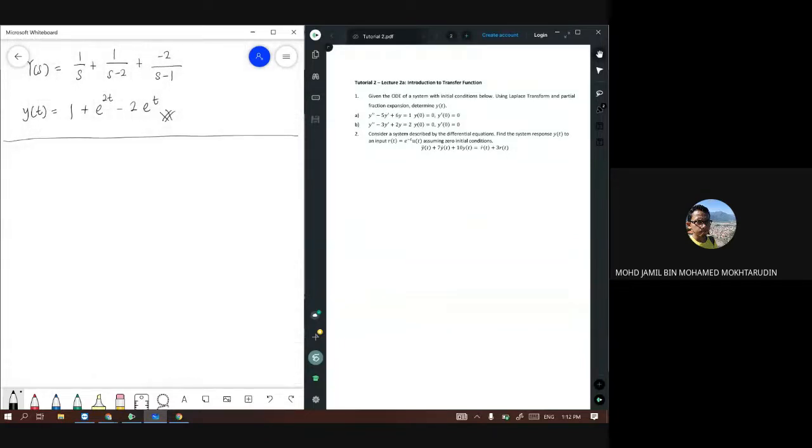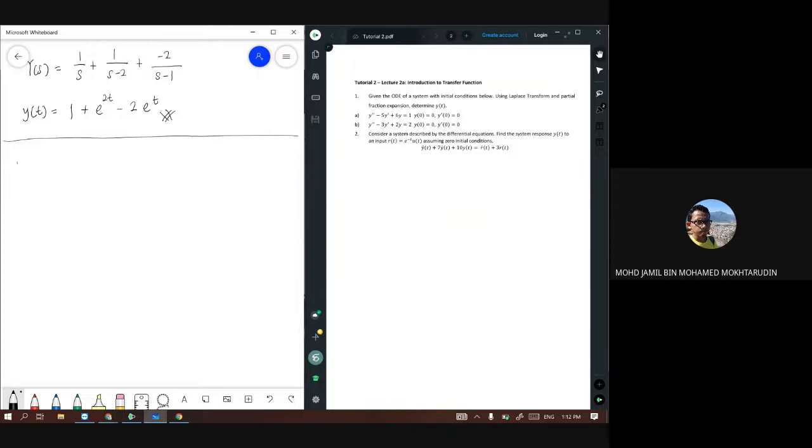Okay, so question number 2. Consider a system described by the differential equations. Find the system response y(t) to an input r(t) equals e power of minus 3t u(t), assuming 0 initial conditions. Okay.